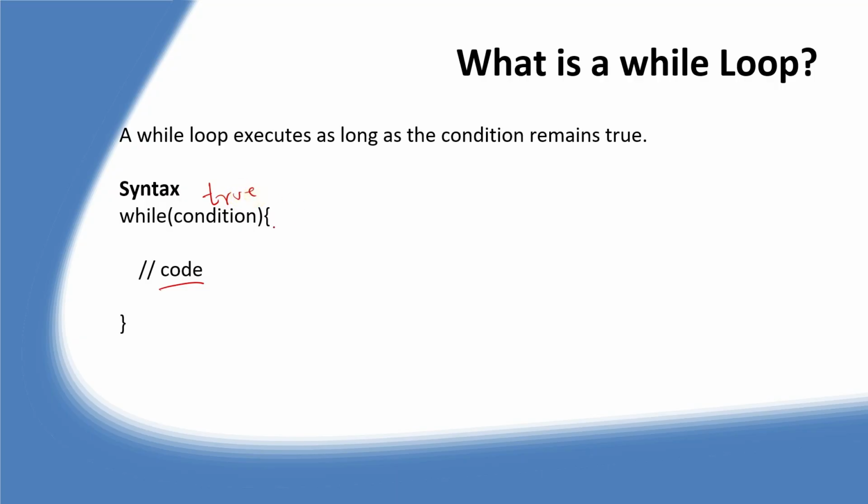The condition is checked before each iteration. So the block of code will execute until the condition is true, and once the condition becomes false, it will come out of the loop. End of while loop.